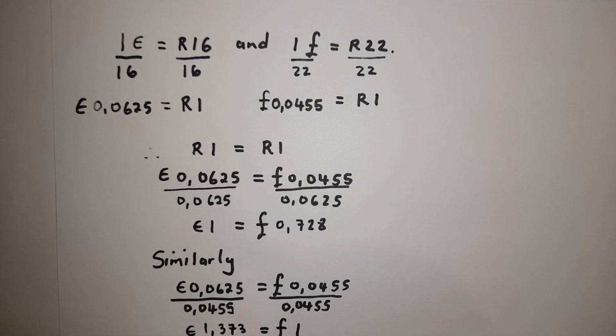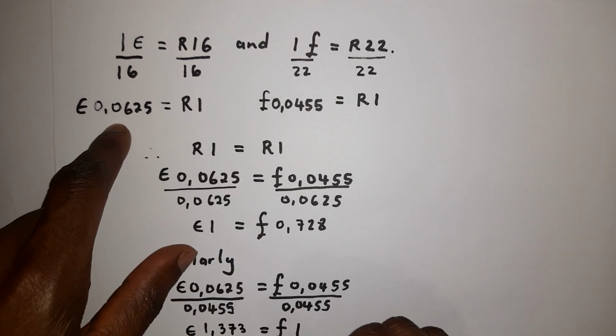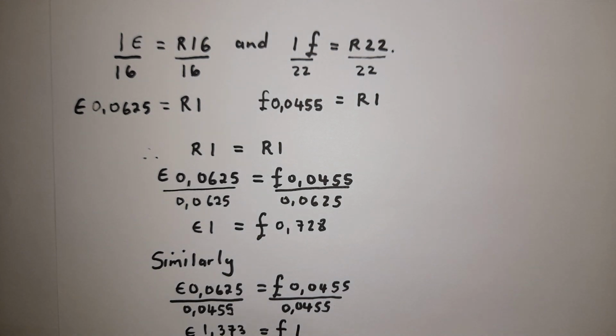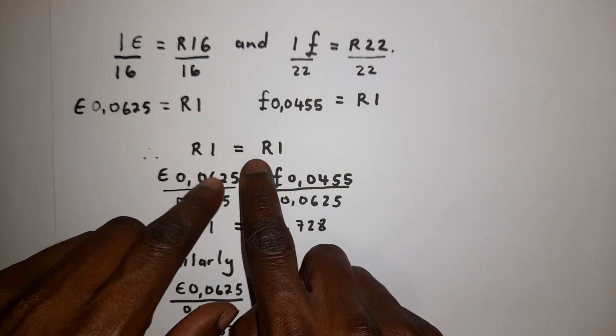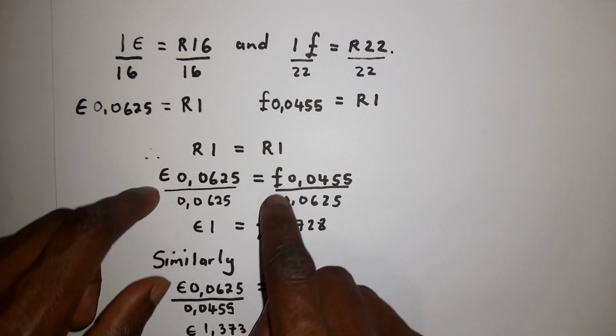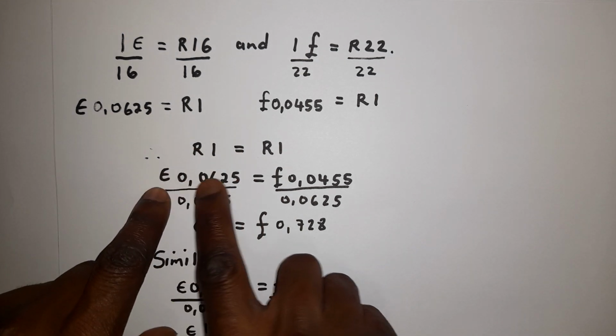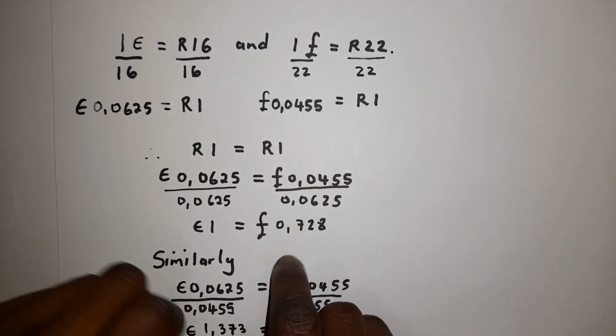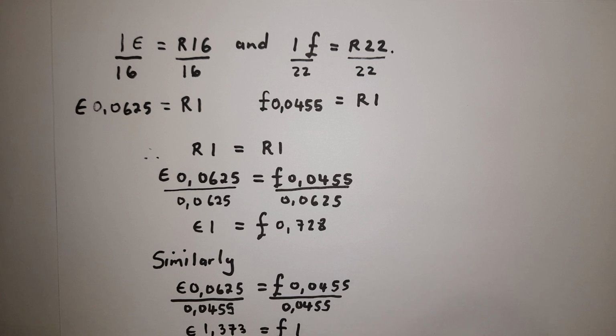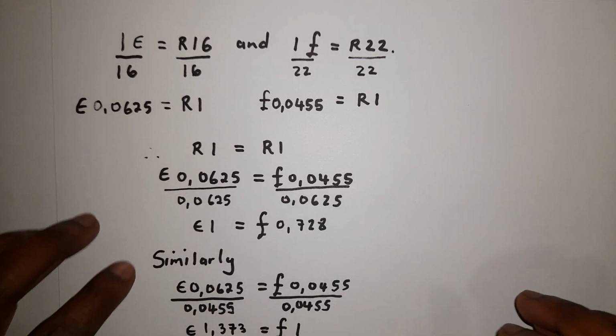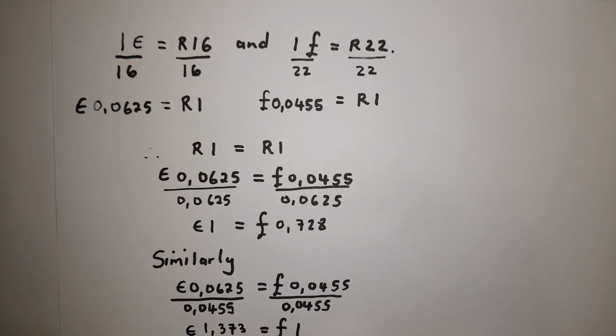Then the idea is to make sure that you have rand to a different currency, and then you divide. And then the idea remains here: 1 rand is equal to 1 rand. Then a rand in euros is this much, a rand in pounds is this much, and then you divide to get the ratio in the form 1 is to something. This is just one way of doing things.